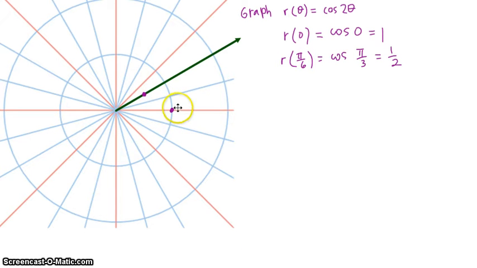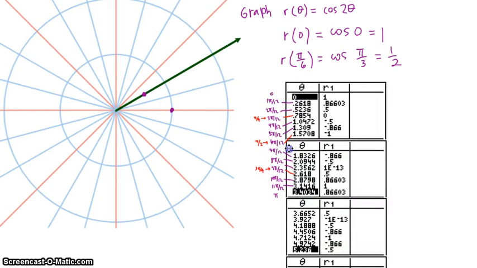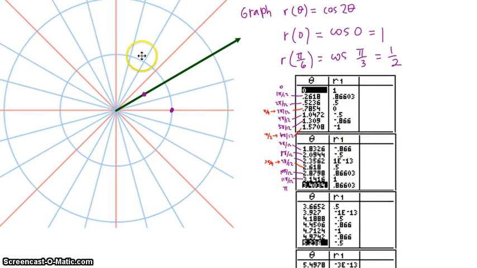Now I can keep going, and I've already created a table for us right here. Take a look at 0, I have a radius of 1. At pi over 6, which is the same thing as 2 pi over 12, I have 0.5. I've done it by every pi over 12 because each of these is 1/12 of pi. So at pi over 12, my radius, the distance from the origin, is 0.866, somewhere around here maybe.